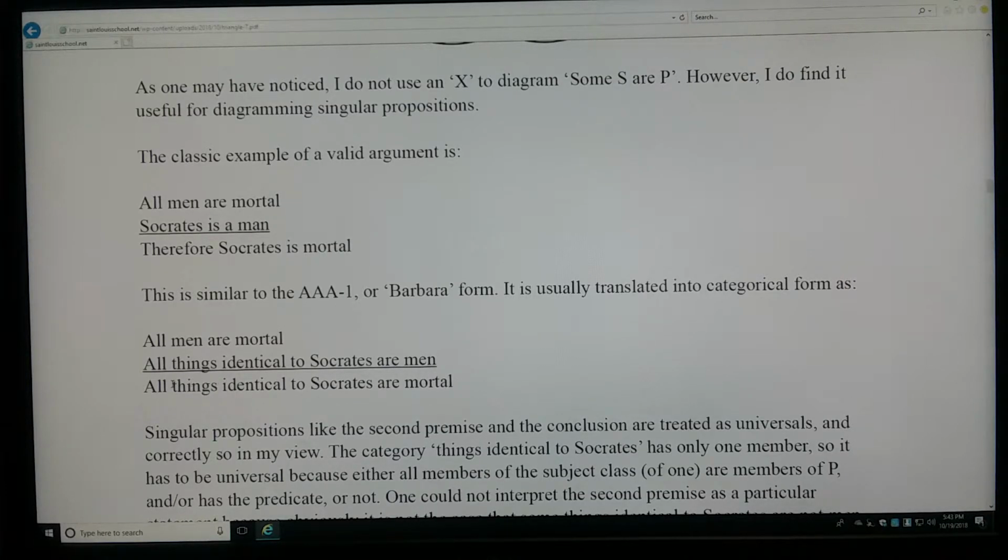Now the phrase here is a little bit strange if you're not familiar with categorical logic. It might seem kind of odd as to why you would want to use this phrase here, all things identical to Socrates.